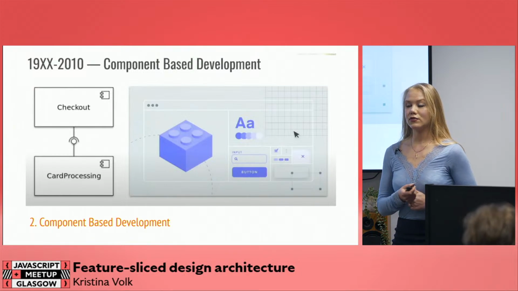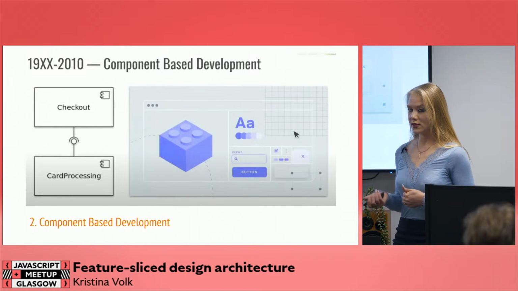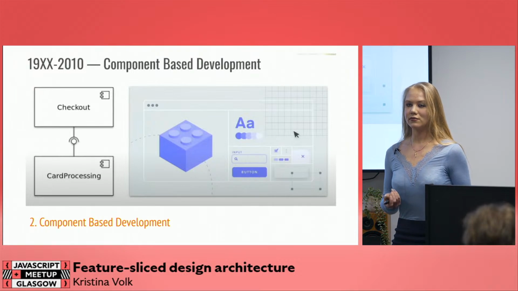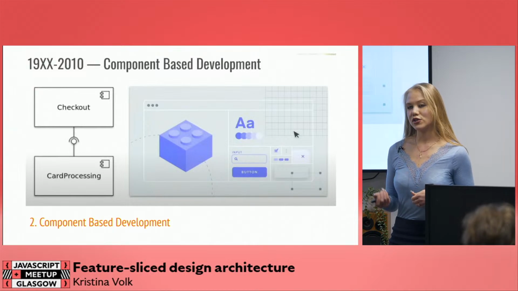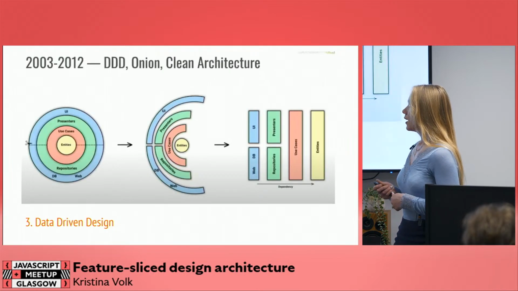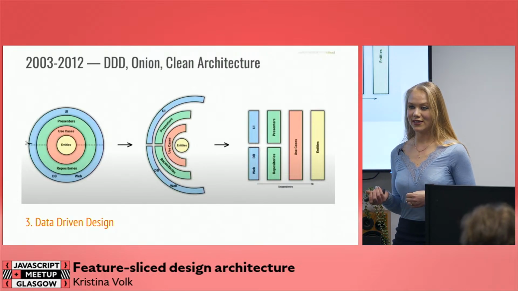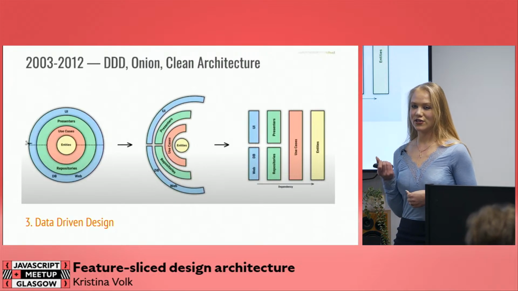So we did realize that we need to have components, but what about the connections between them? Because, you know, an application is about interactions between the components. So that was a big shout out to the subject domain.